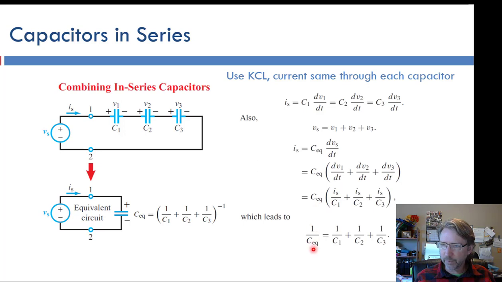And if we simplify, we can find that the equivalent capacitance is 1 over the sum of the 1 overs. So it's just like the opposite of resistors. In resistors, series they add, and parallel is 1 over the 1 overs. In capacitors, series uses the 1 over the 1 over equation for the equivalent.